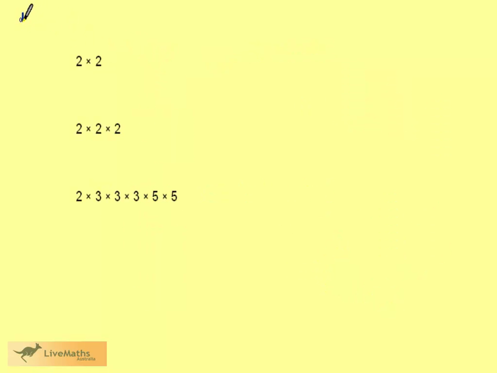Just going to pause in this discussion briefly to discuss indices. Here we're just going to look quickly at positive indices, which are whole numbers.